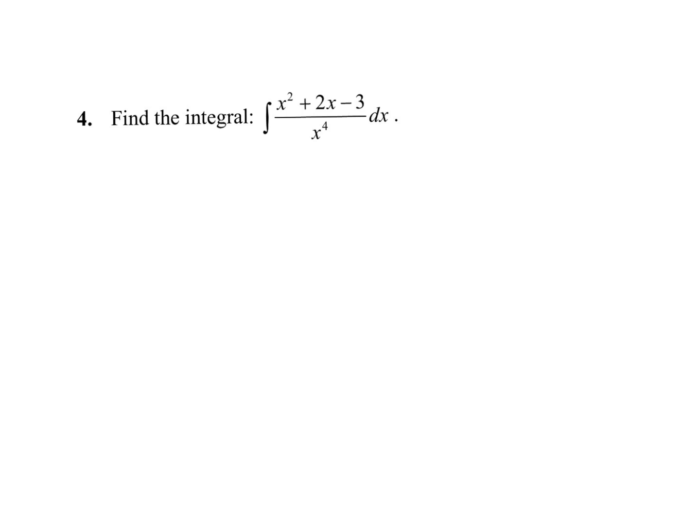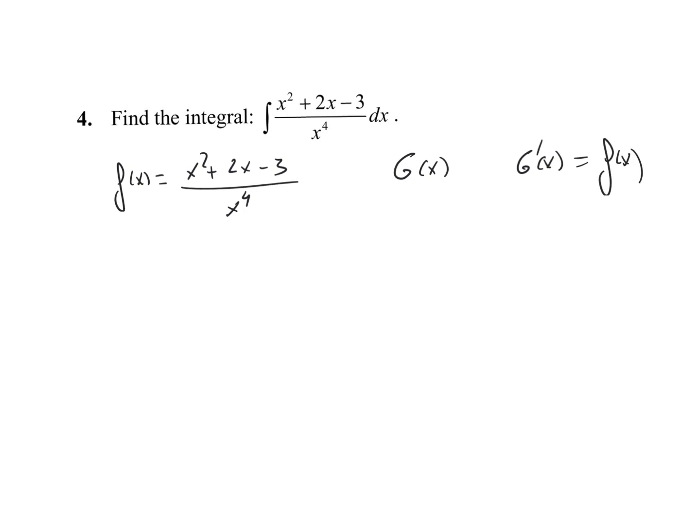So f of x is x squared plus 2x minus 3 divided by x raised to the 4. And don't forget, I want to find g of x in such a way that when I take the derivative of g of x, I will find f of x. So let's do it.